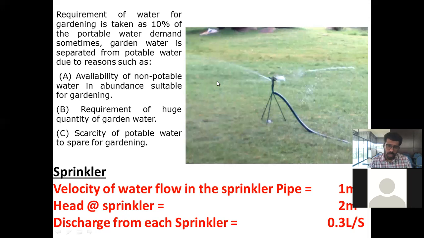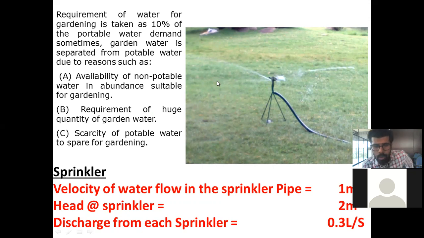In such cases, when potable water is scarce, we have to use a separate tank for gardening itself, because there is a scarcity of potable water in that particular location and you cannot use it just for gardening purposes. So these are the main points where garden water is separated from the potable water.